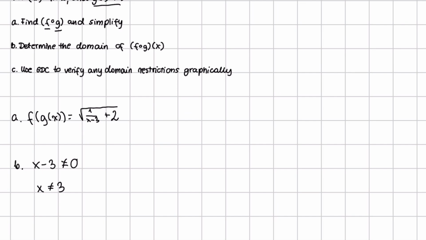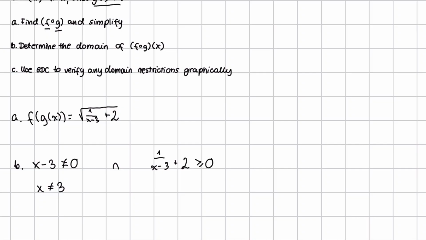And the second condition is that our square root, so everything that is under our square root, cannot be negative. So here we can write our sign for and. So and, because we have two conditions. So our 1 over x minus 3 plus 2 has to be greater or equal to 0.